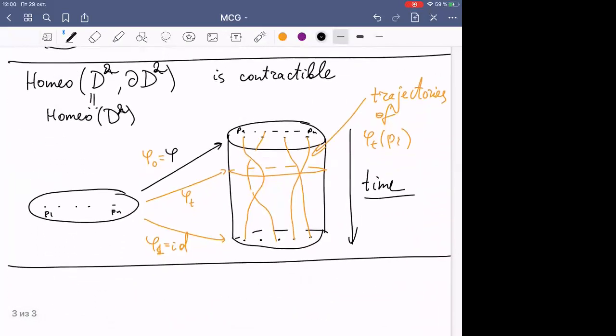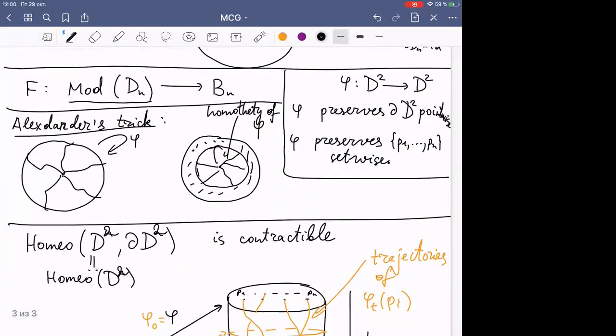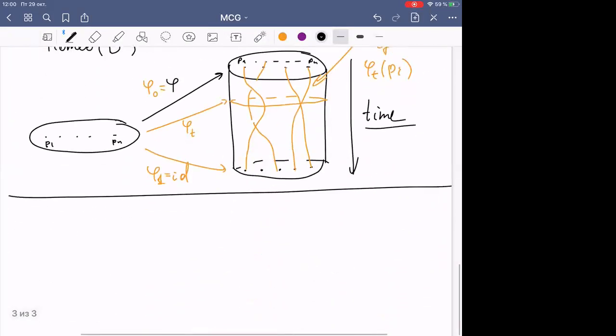Sorry. Why this mapping? So we get a mapping, but why is this mapping well defined?